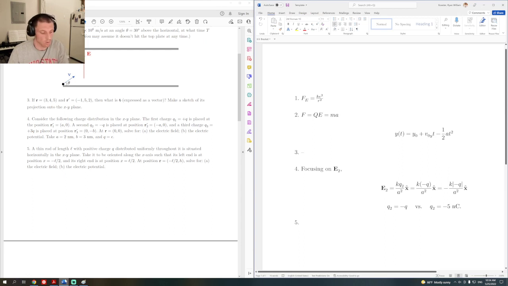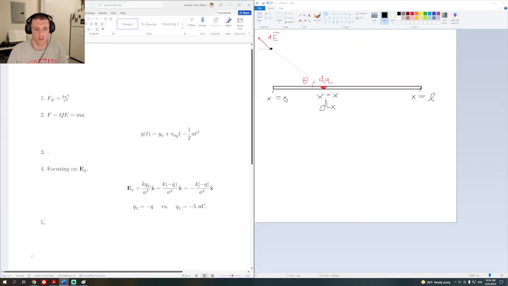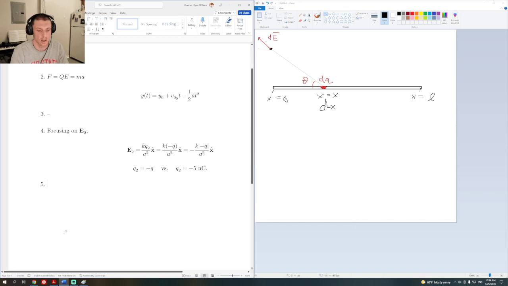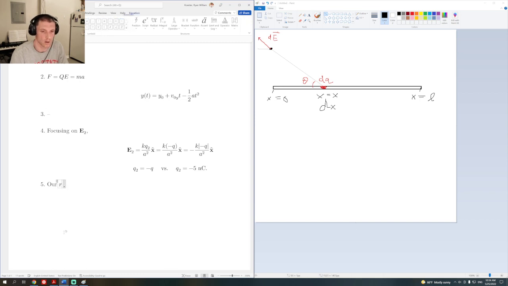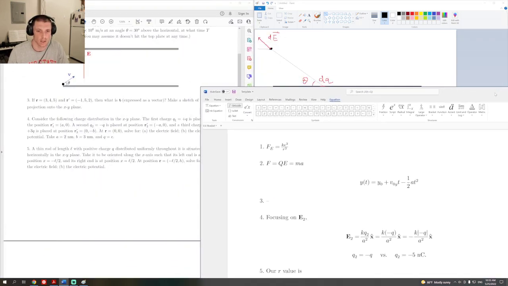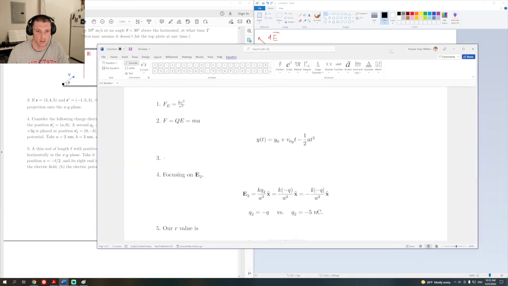But let's talk about what your r squared is here. I'll just write a regular r because it's hard to typeset that r quickly. Our value is this, and you should check this to see that it makes sense, but it's going to be x squared plus h squared, because we said that the point was h above the left end.